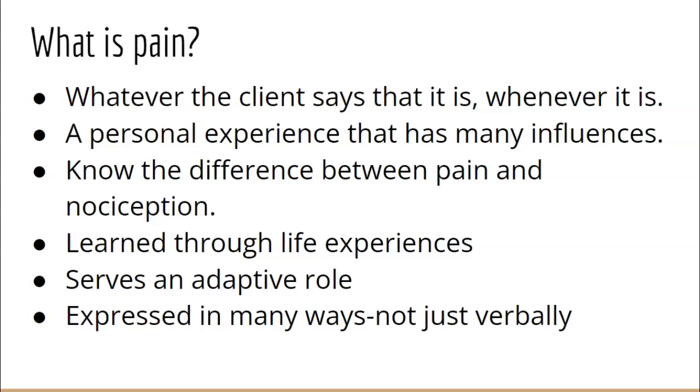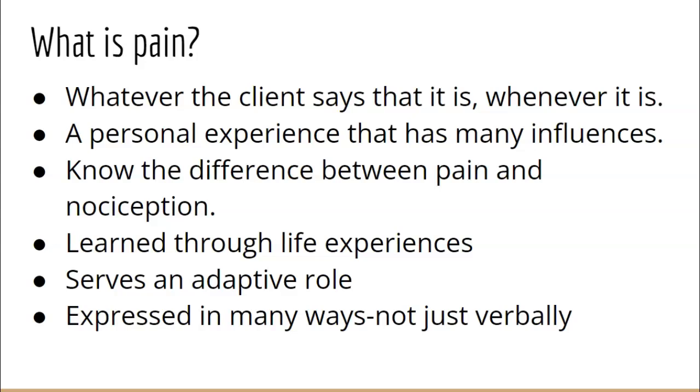We will also see that certain people will express pain one way, and then another person will express pain another way. The portion that's adaptive is, think of us touching a hot stove. If we did not feel that pain, we wouldn't remove our hand from that hot stove. So it's adaptive as it protects us from injury.